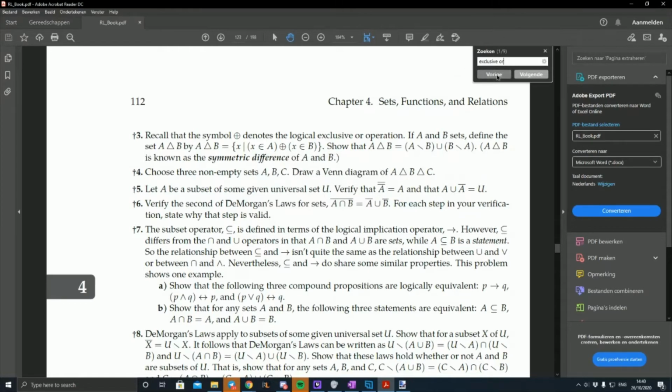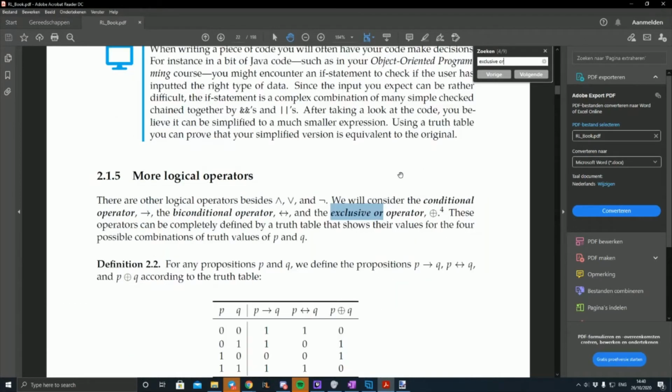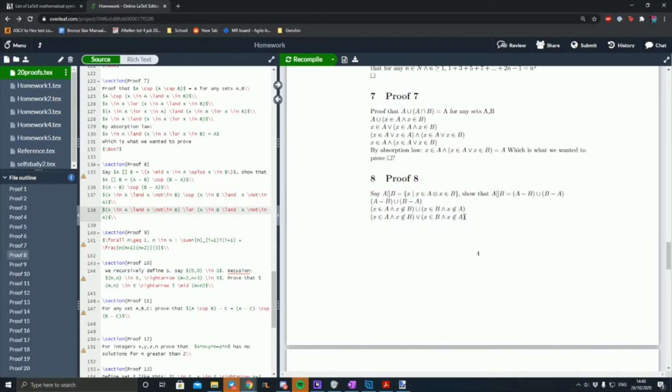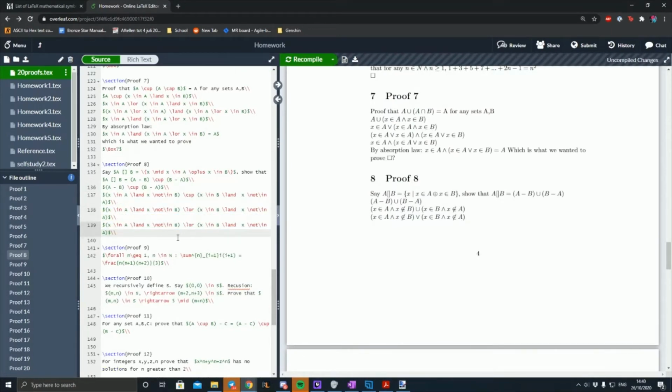I want to see a more proper definition of XOR. You can write it as not if and only if. Yeah, because I remember if and only if is the same as XNOR, so it's the opposite of that.